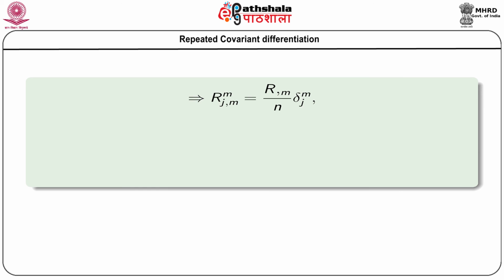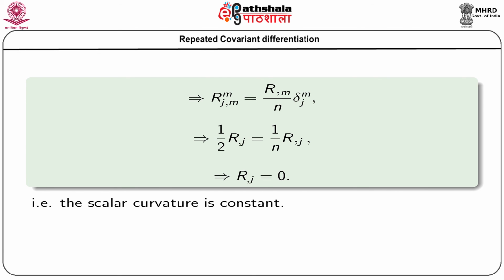So, now taking the covariant derivative, R^m_{j,m} equals R_{,m} by n delta^m_j, and which gives half R_{,j}, that is, R_{,j} equals 0. The scalar curvature is constant.